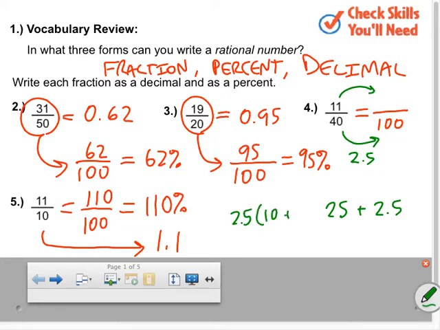And this is some distributive property that we did in the past, right? So 2.5 times 10 is 25, and 2.5 times 1 is 2.5. If I take 2.5 plus 25, what's that going to be? 27.5.